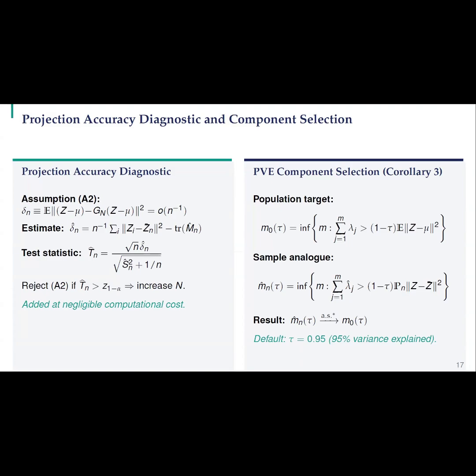And Mn hat is just the smallest m that's bigger than this. We have to assume that's how far we have to go. And if our underlying function has a spectral gap to that degree, we will be consistent in finding it by this. It's basically like using a scree plot.